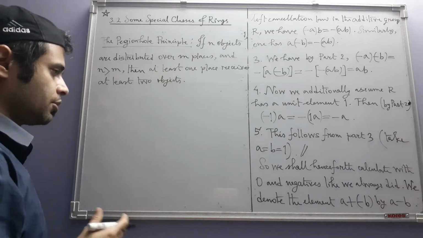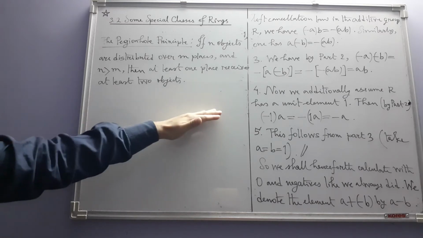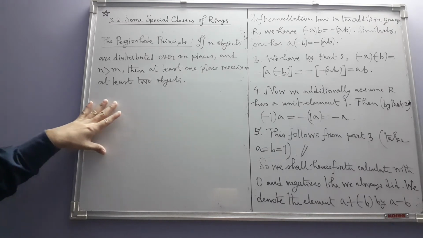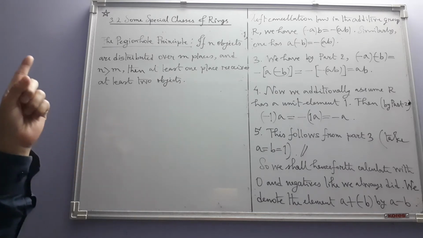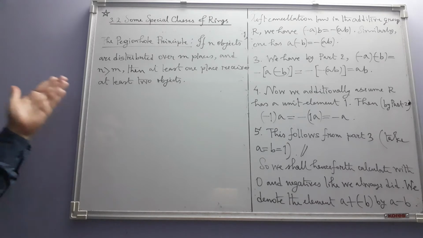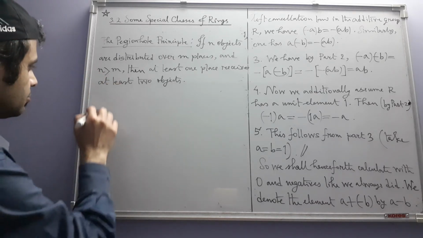It's like, for example, say we are distributing 5 objects over 4 places. No matter how we distribute it, there will be at least one place which will receive at least 2 objects, simply because the number of objects is more than the number of places.